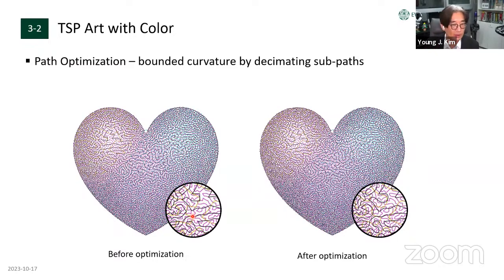So we need some kind of path optimization. In other words, physically, we need bounded curvature path approximations. In our case, we use a simple path decimation: where a path has really high curvature, we just cut it and make it smoother. So the left image is before optimization, and the right image is after path smoothing or path optimization.